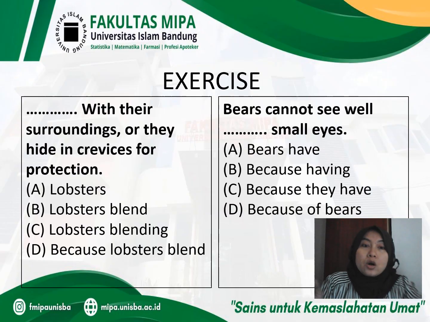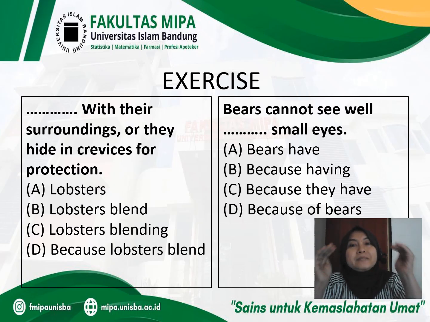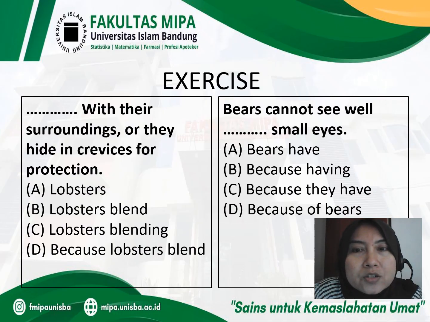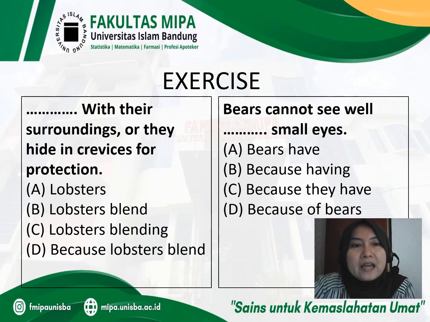The sentence before or and the sentence after or should be complete sentences. After or, we already have a complete clause: they hide in crevices for protection. So before or, we also need a complete clause, right?